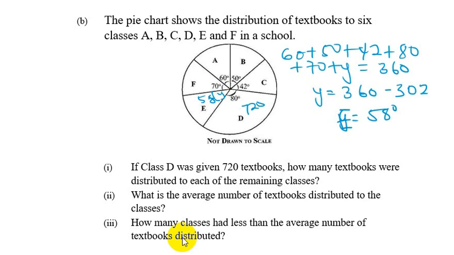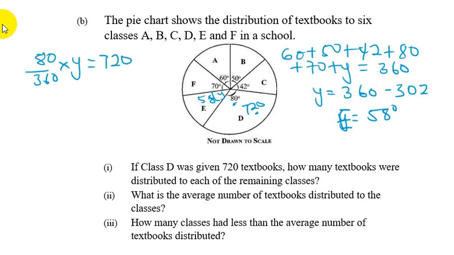We have to find the number of books by using this 80 degrees we have here. Now we know the angles sum up to 360. We get 80 over 360 times y. The y is the quantity of books we don't know, but that one gives us 720.